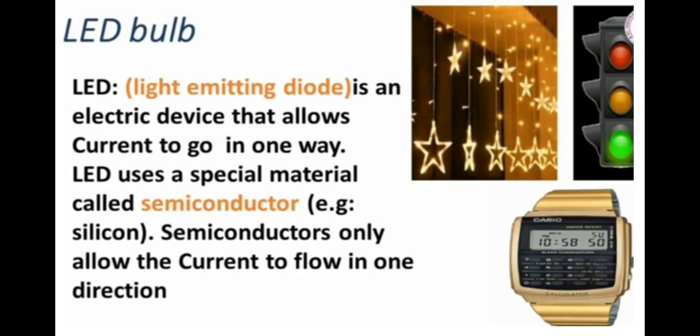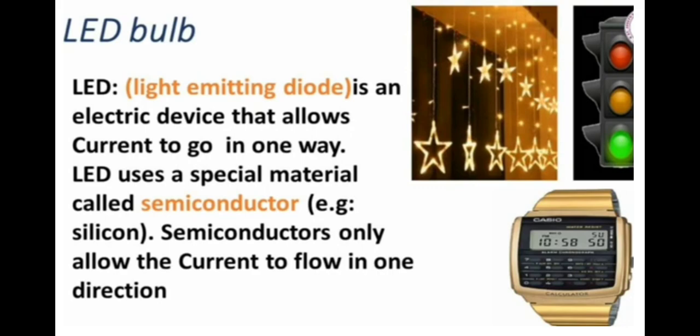LED bulb. LED is an abbreviation used for light emitting diode. It is basically formed by merging P and N type semiconductor material. Make it very clear that LED is not formed using silicon or germanium as its basic material.